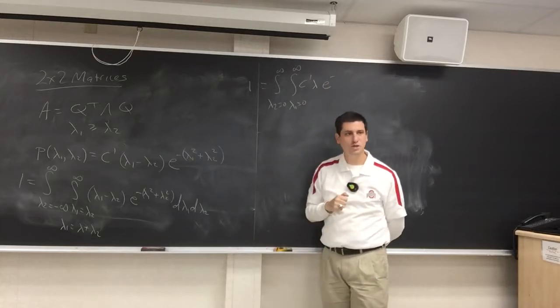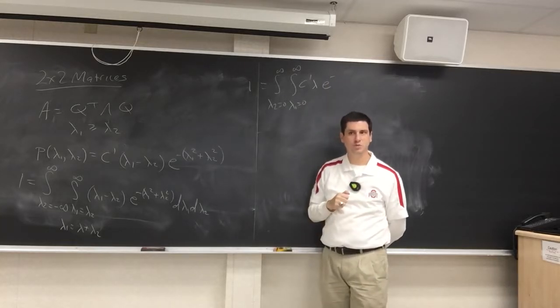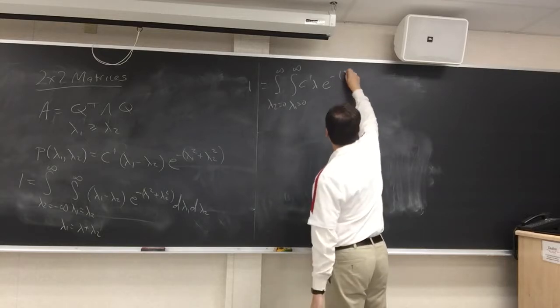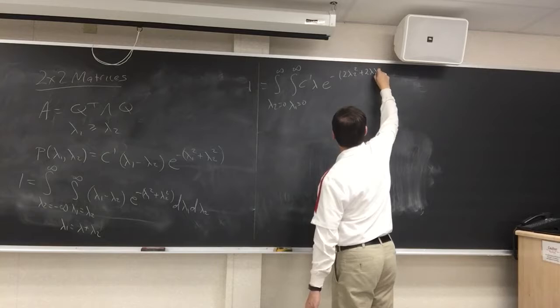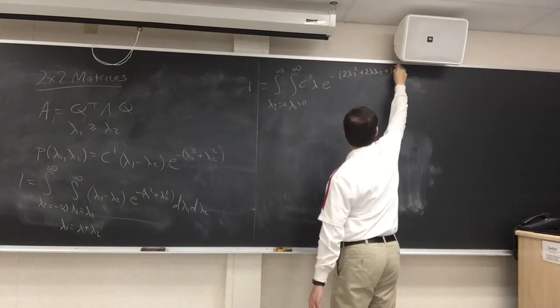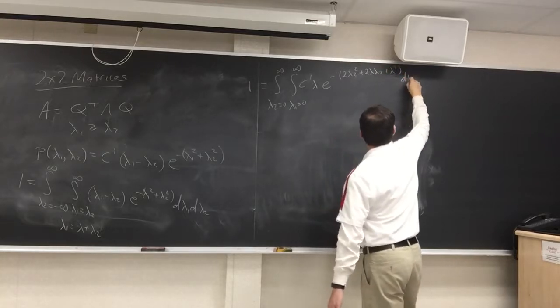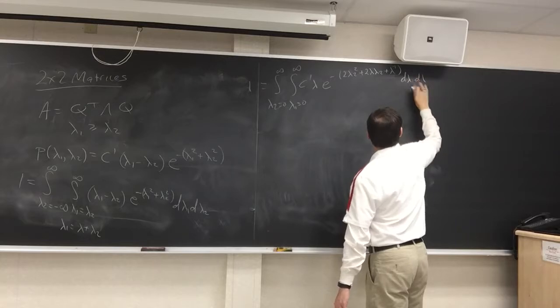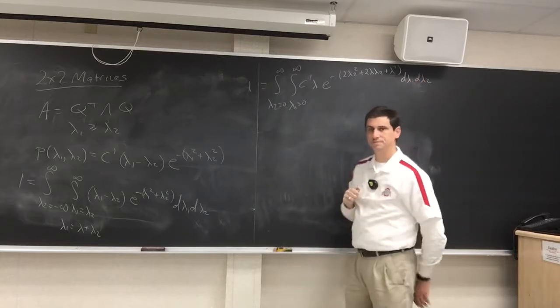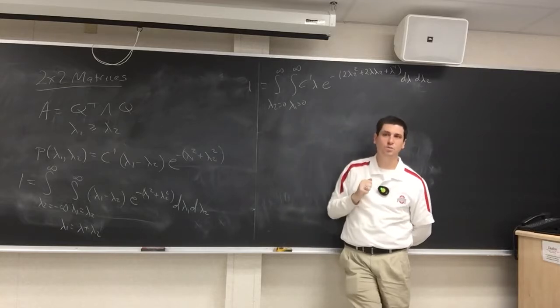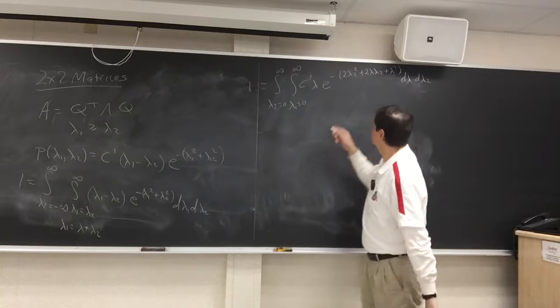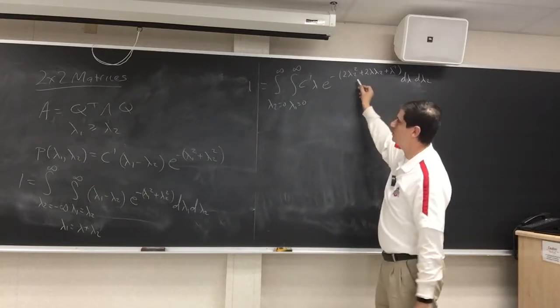Now lambda 1 squared is just going to be lambda plus lambda 2 squared. So I'll get minus 2 lambda 2 squared plus 2 lambda lambda 2 plus lambda squared, d lambda 1, I'm sorry, d lambda 2. And this is just from replacing lambda 1 with lambda plus lambda 2. So this is beginning to look like a Gaussian in lambda 2.